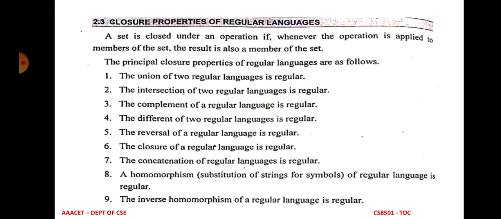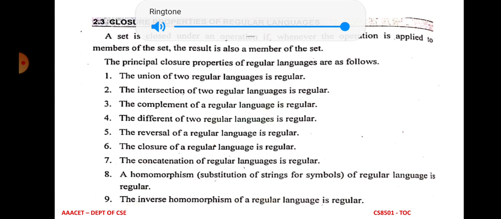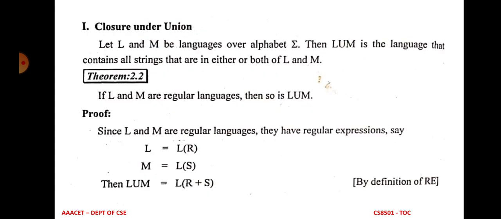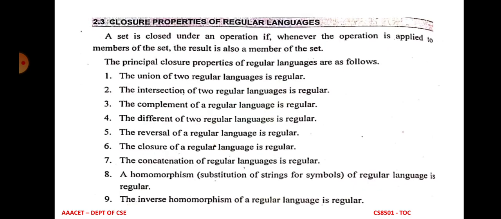So what are the properties of regular languages? There are 9 closure properties. First is the union of two regular languages is regular, the intersection of two regular languages is regular, and the complement of a regular language is regular, the difference of two regular languages is regular, the reversal of a regular language is regular, the closure of a regular language is regular, the concatenation of two regular languages is regular, the homomorphism of a regular language is regular, and the final one is inverse homomorphism of a regular language is regular.